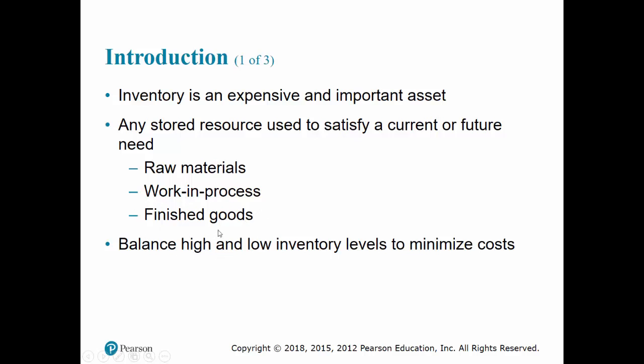The demand for the finished product comes from external sources, from our customers, which is independent of any of our decisions, and therefore this is called independent demand. Whereas demand for these products depends upon our decision as to when we're going to produce finished goods, and therefore these are called dependent demand items.